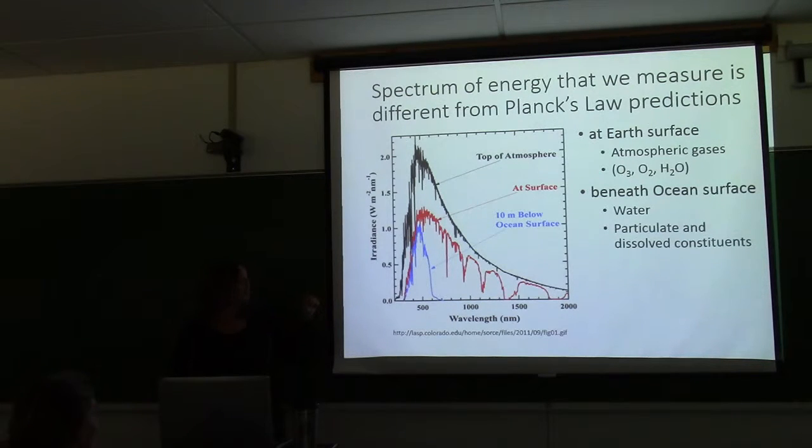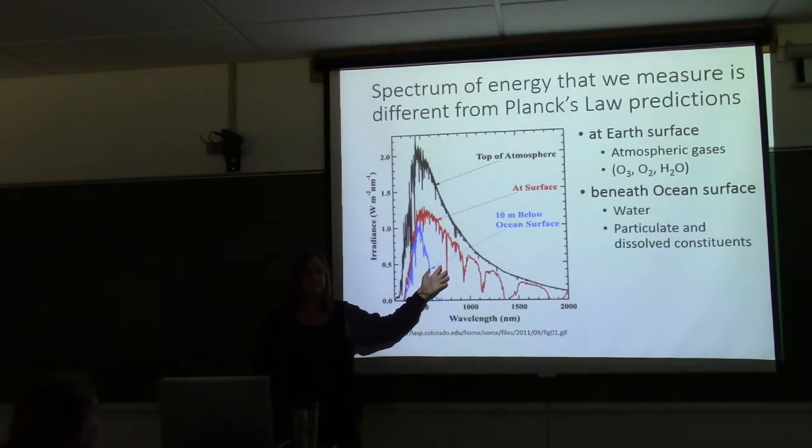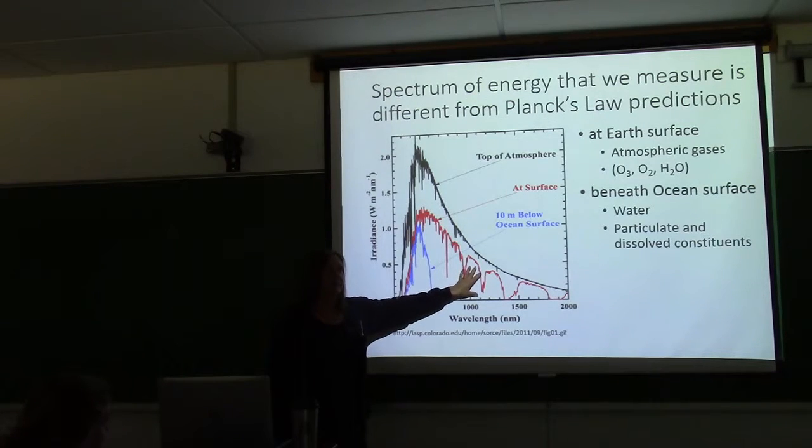Red, right? And of course, we all know why that is. Do we all know why that is? Maybe not yet. Longer wavelengths are being absorbed by water very efficiently. And so the ocean looks black in the infrared because no light is able to get out.